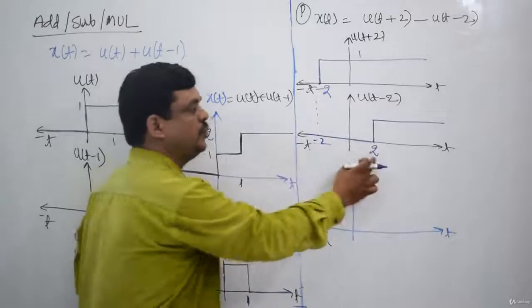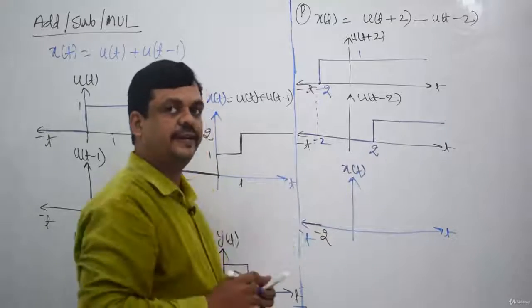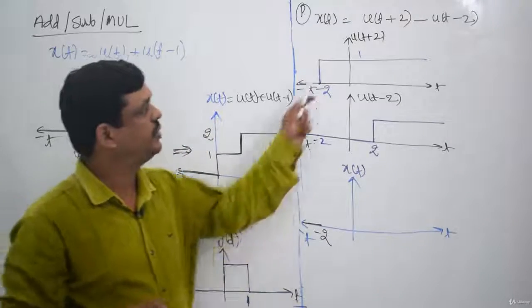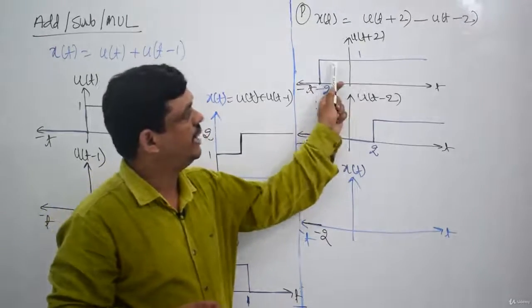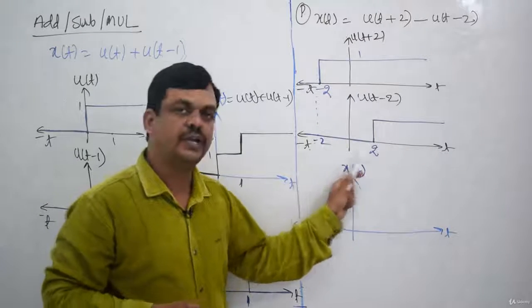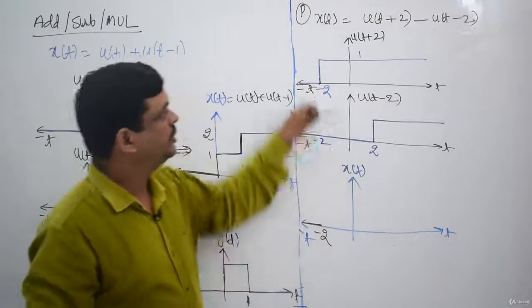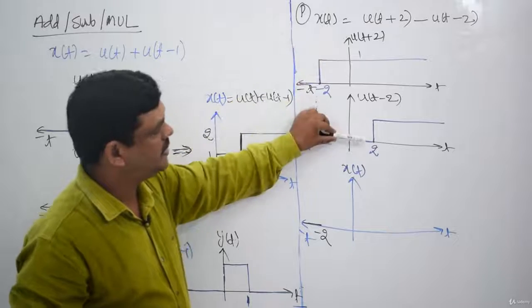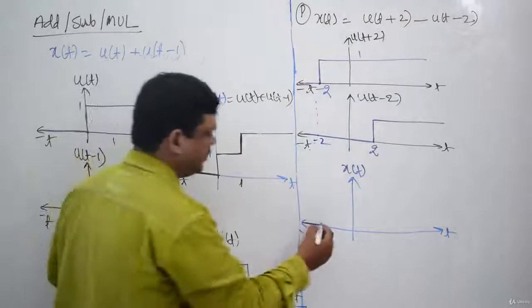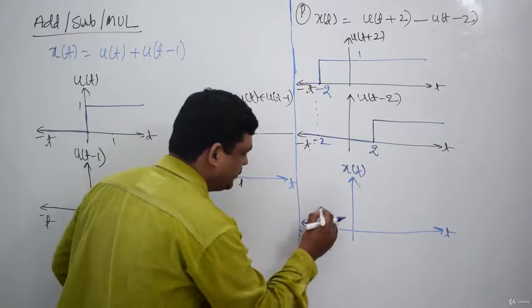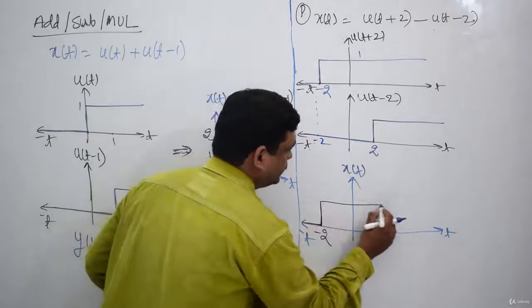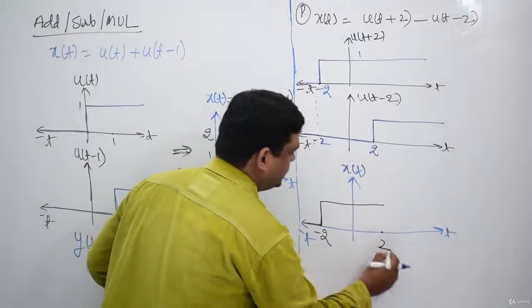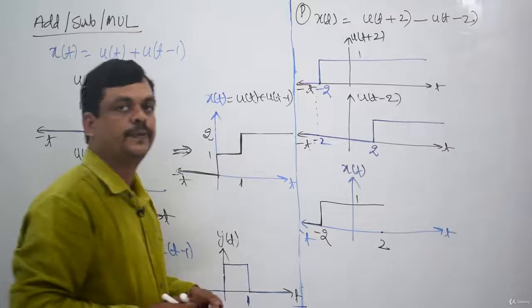From minus 2 to 2, the second function is not defined. Then the subtraction of these two: from minus 2 to 2, the first amplitude is 1 and the second amplitude is 0, so the subtraction is 1 minus 0 is 1. So from minus 2 to plus 2, this amplitude is 1 only.